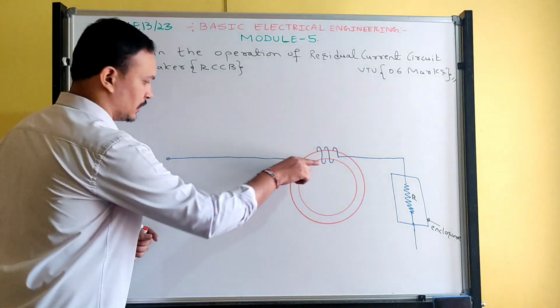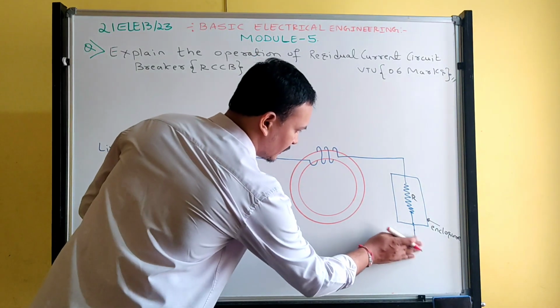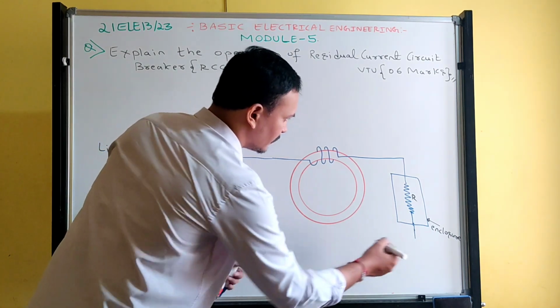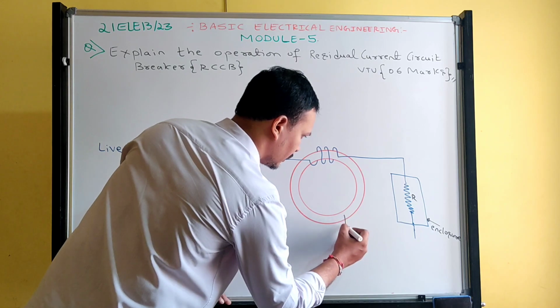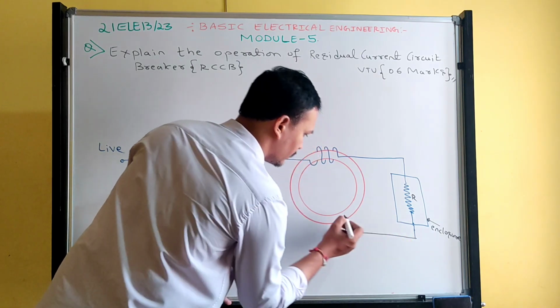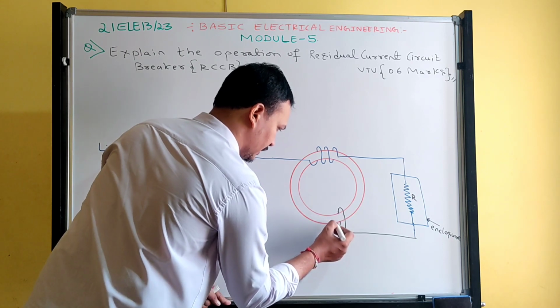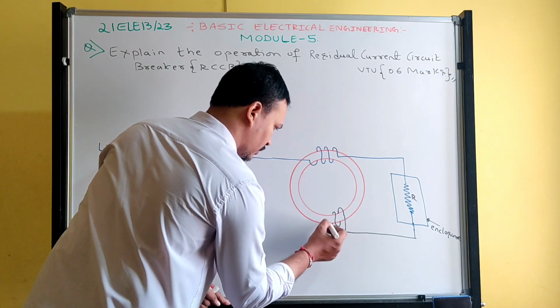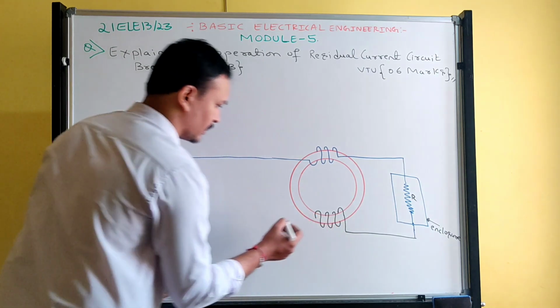First you connect one coil to the live wire. Next, see, the remaining part, the return part, is here. That one you connect to the neutral. Here one coil will be there. This is the current coil connected to the neutral of the supply terminal.